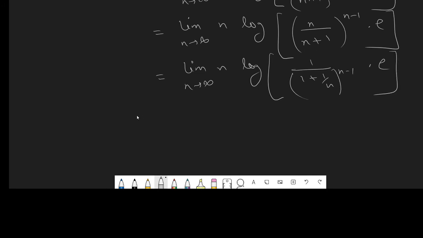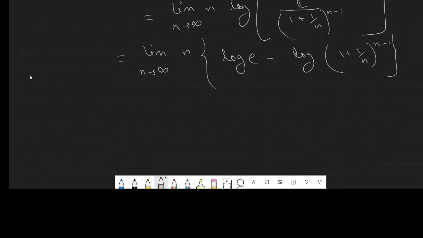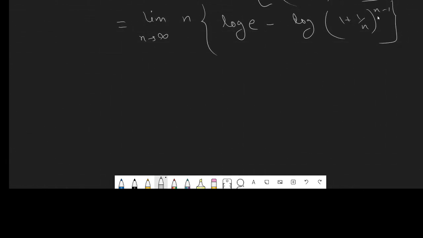Now if we take log inside the brackets, you can write that also. So it will be log e minus (n minus 1) log (1 plus 1 by n). Okay, so we can take this forward.